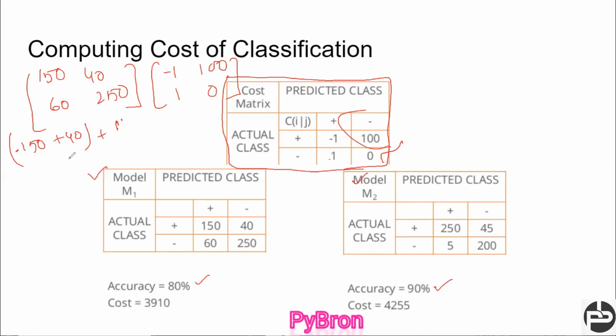So -150 plus 4000 plus 60, I multiply that, that's all, plus 0, right? If you multiply this, then you get this result. What is the cost here? You will get 3910. Similarly, you can do it for model 2 also. In this case you will get 4255, no doubt.